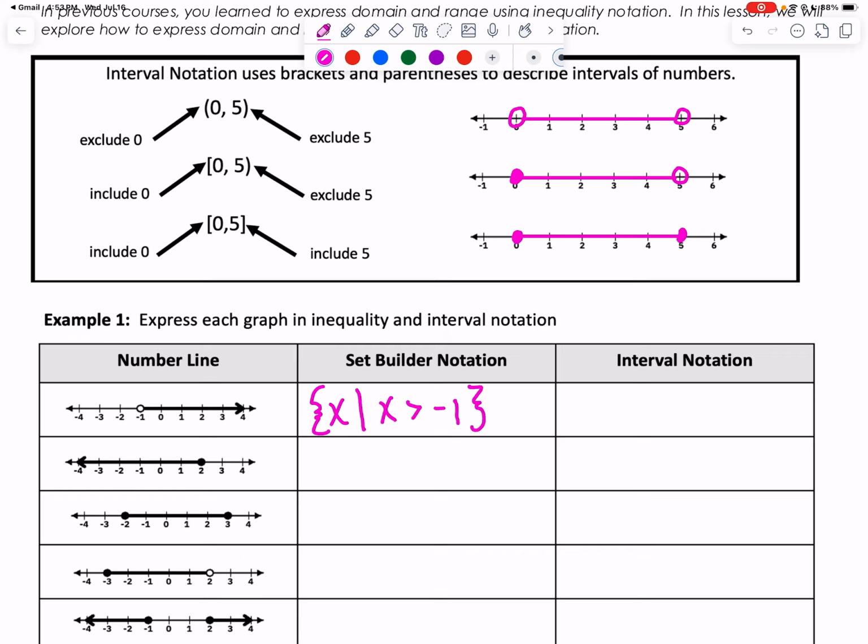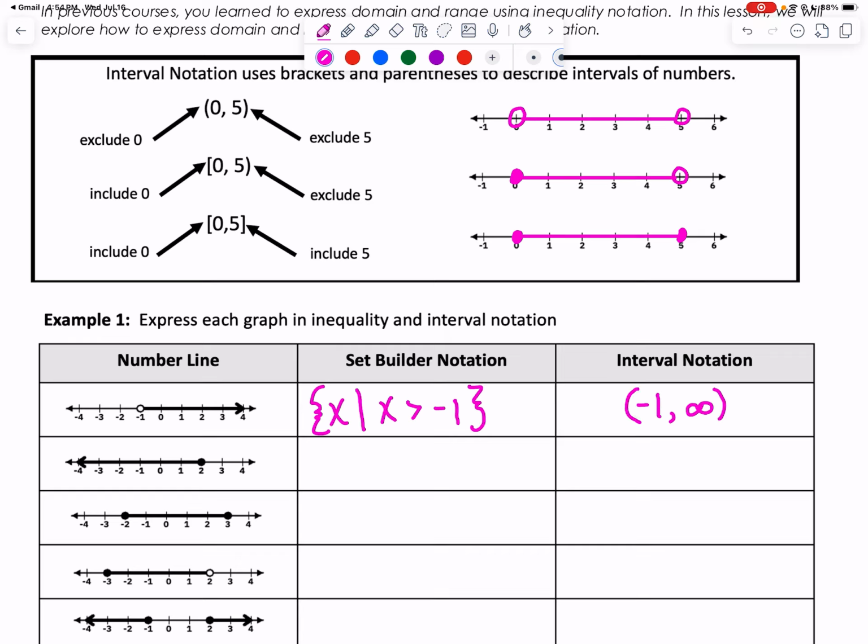It's very similar to inequality notation. In interval notation, we would start at -1 and then continue on to infinity. So I'll write (-1, infinity). Now, infinity always gets a parenthesis. And in this problem, -1 is not included, so it also gets a parenthesis.